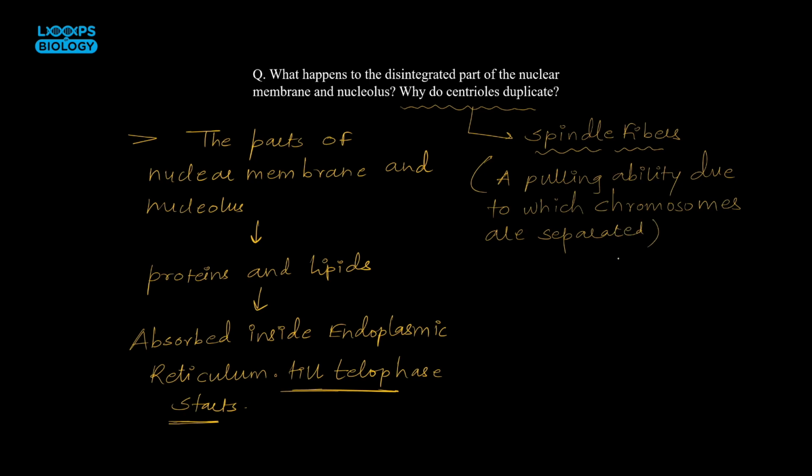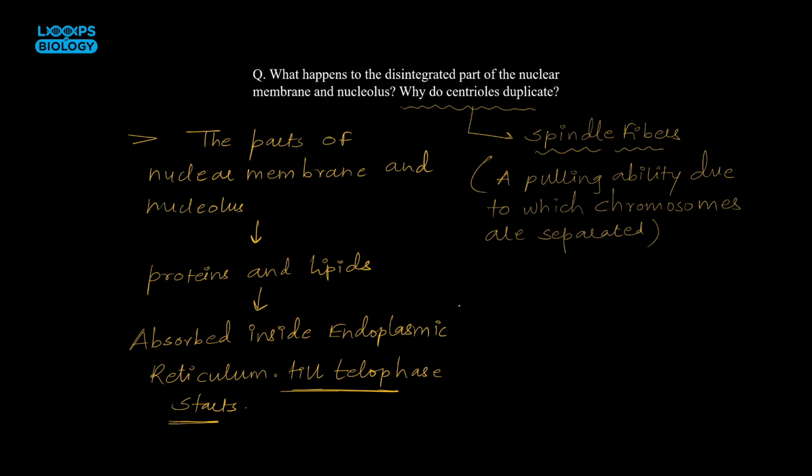Now, as we are talking about pulling ability, that means the pulling force should be acted from both the sides. If we are talking about tug of war, in that game, is there only a single team? No, right? We have to create equal pressure on both sides.